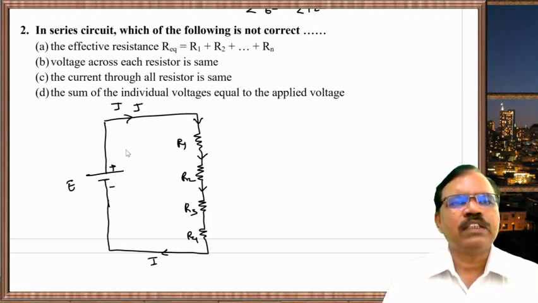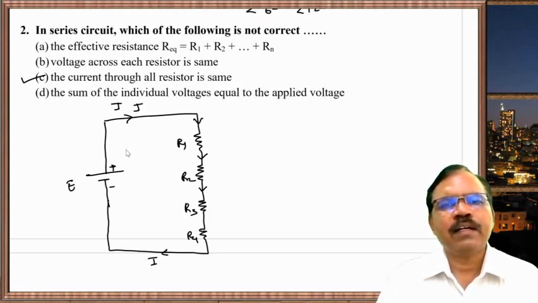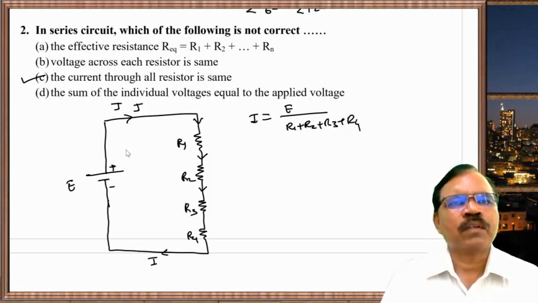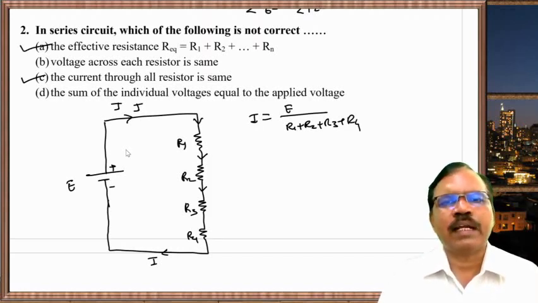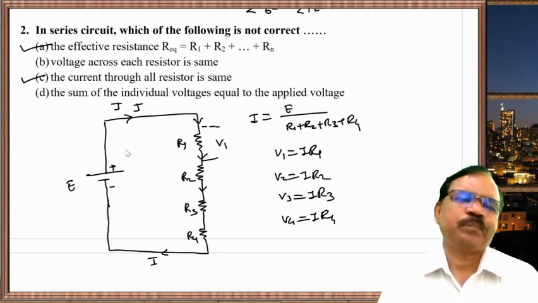So this one is correct. Now if we take the current through the circuit, that is E upon R1 plus R2 plus R3 plus R4. So the effective resistance is the sum, that is also correct. And what is the potential difference across R1? It is V1 equal to I into R1, V2 equal to I into R2, V3 equal to I into R3, and V4 equal to I into R4, and so on.